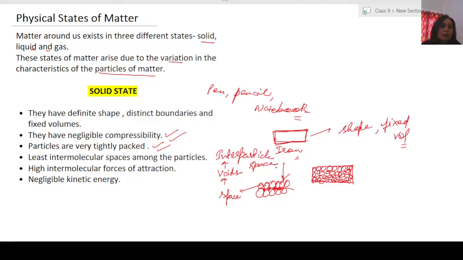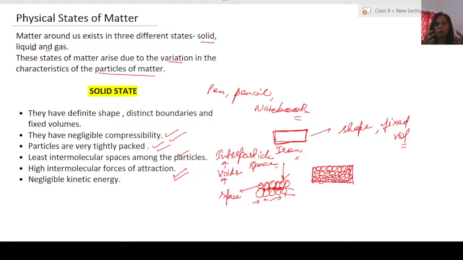Since the spaces are very small, it means what? They have a higher force of attraction among the particles. The intermolecular spaces, or interparticular spaces, or voids, are very small, and it is also telling us that yes, they have very high forces of attraction.